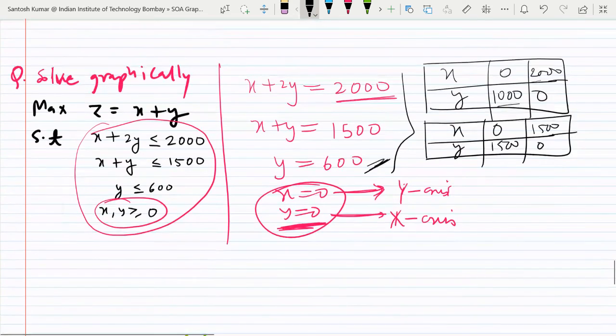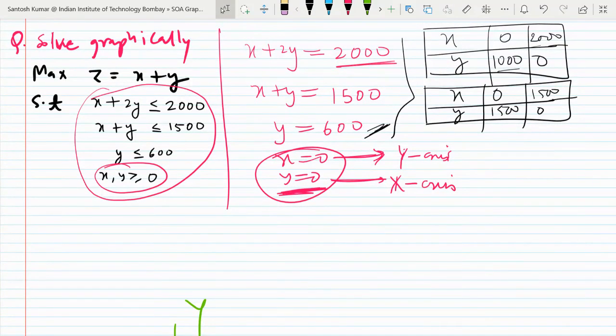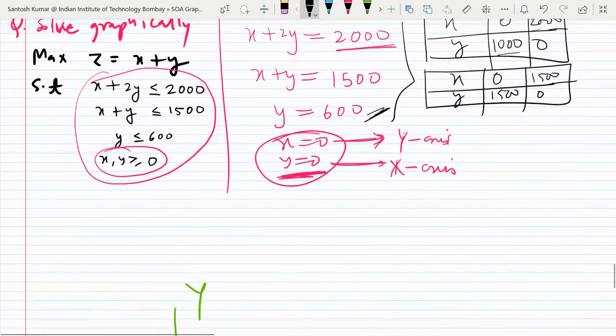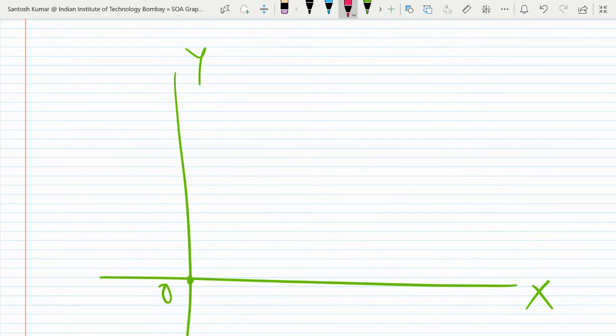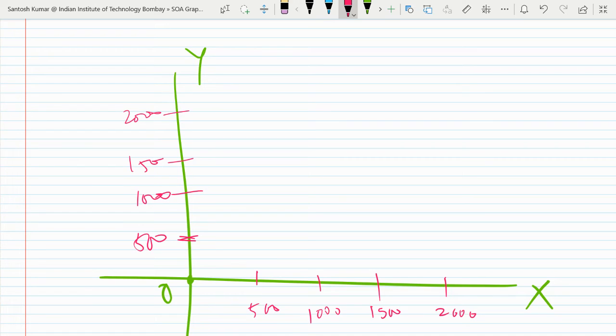So let me take a scale of 500, I mean 1 unit as 500. So suppose this is 500, this is 1000, this is 1500, and this is 2000. Same on the other axis: 500, 1000, 1500, 2000.